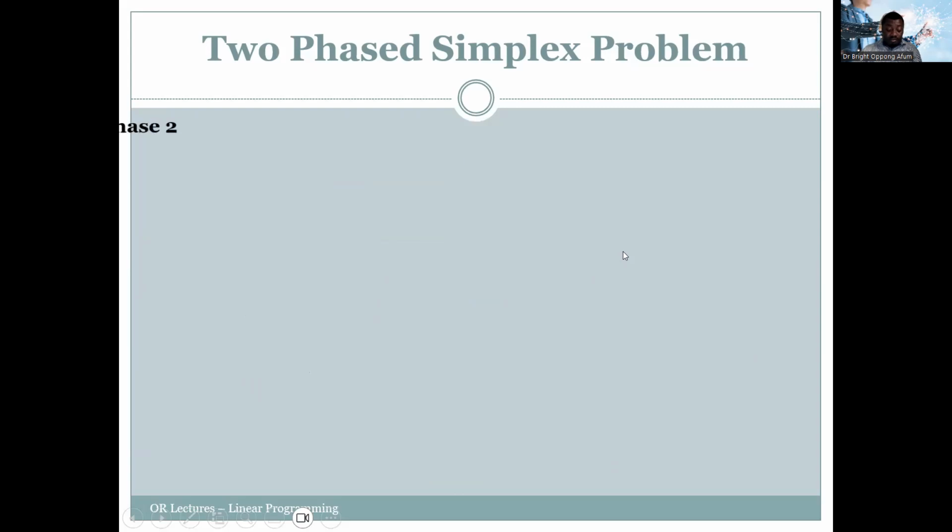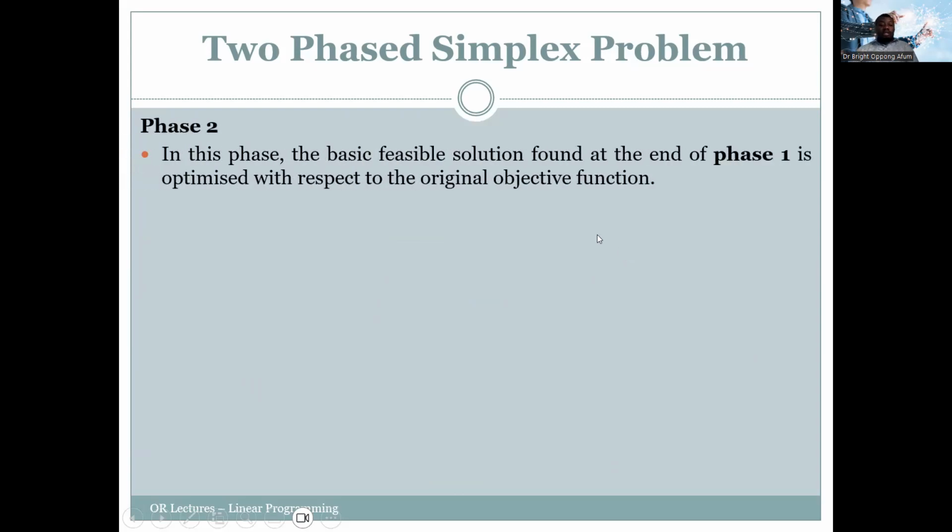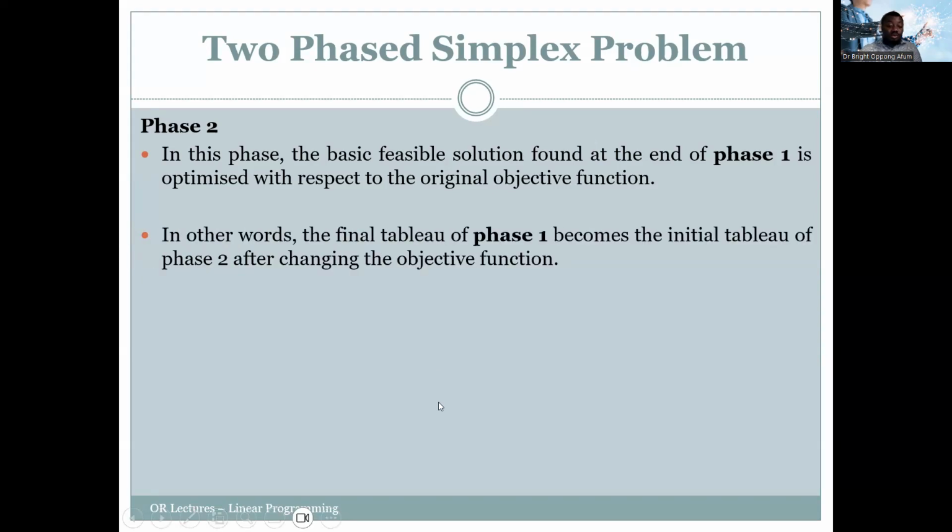Now in phase two, the basic feasible solution found at the end of phase one is optimized with respect to the original objective function. So now we use the original objective function instead of the previous artificial objective function where we were minimizing.